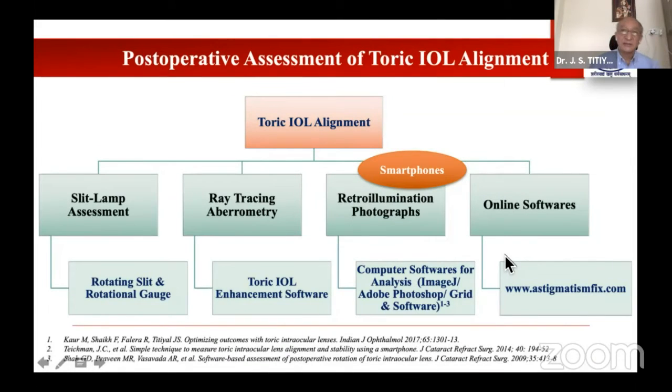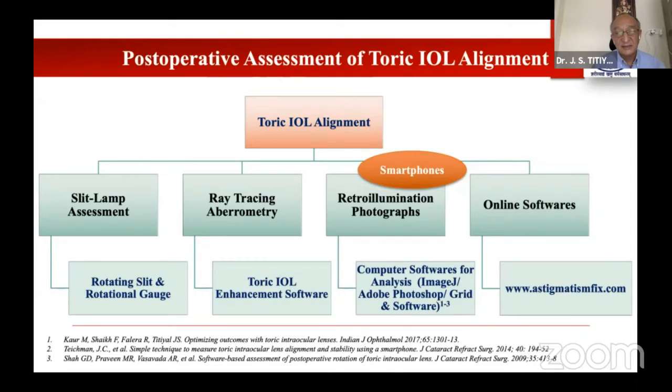Pre-op, it gives you the whole aberration profile and suitability for toric IOLs. And if you use the toric calculator, it gives you the power as well as the axis of implantation, and also helps you get a new axis as per your physical mark on the limbus in these cases.